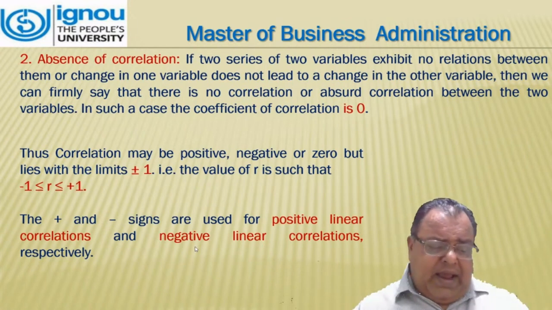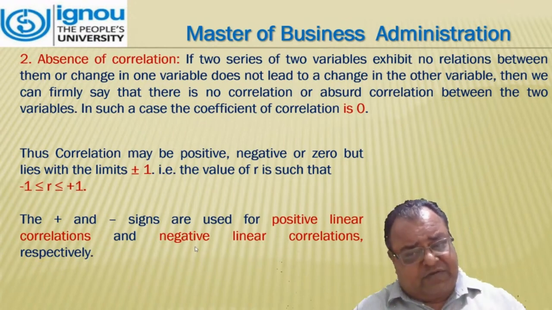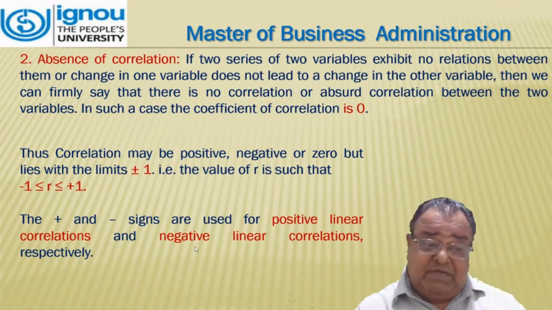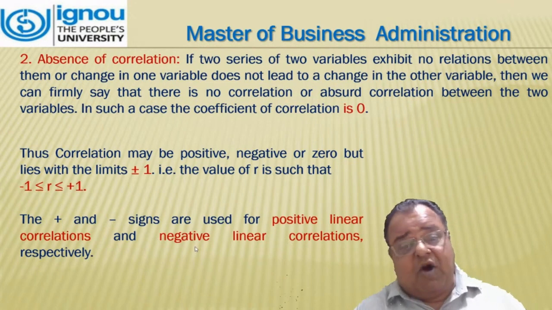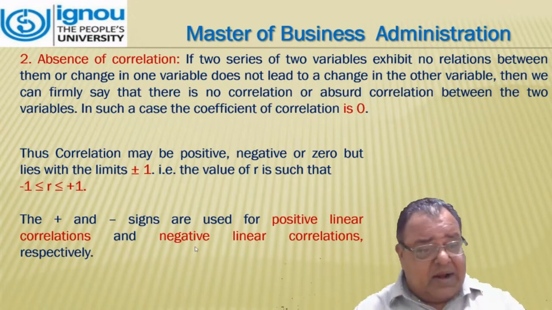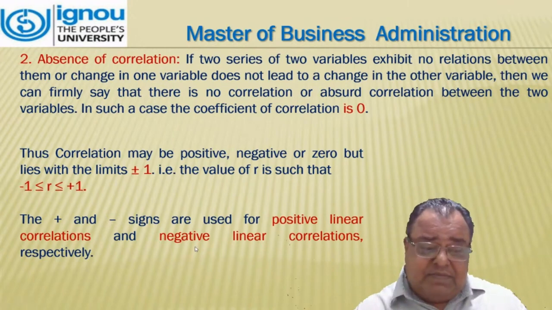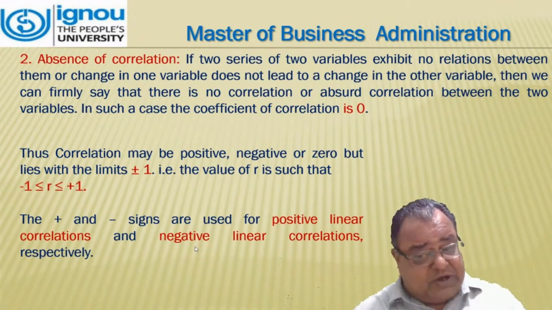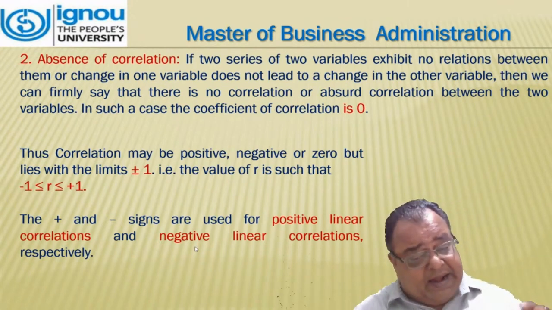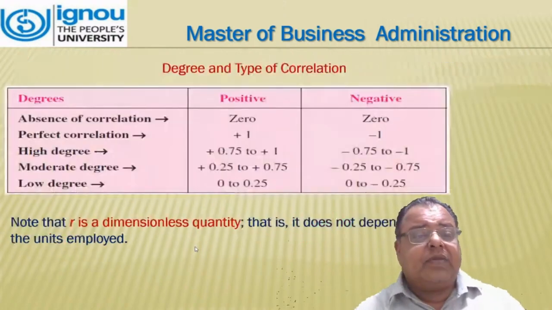We can conclude that correlation may be positive, negative, or 0, but lies between the limits plus minus 1. Or we can say that the value of r can be written as -1 ≤ r ≤ 1. The signs plus and minus are used for positive linear correlation and negative linear correlation, respectively.